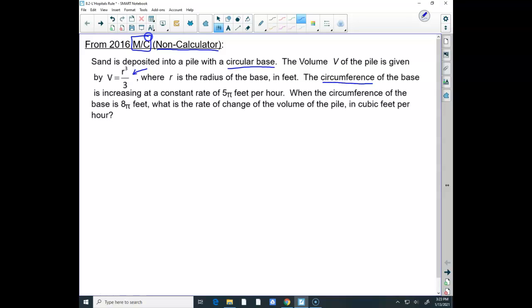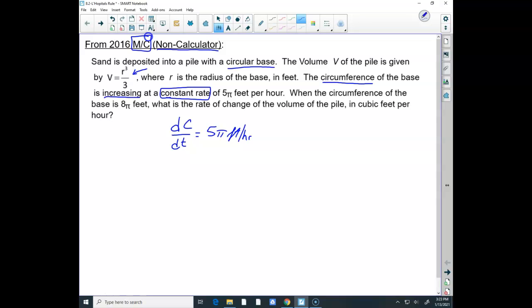The circumference of the base is increasing at a constant rate of 5 pi feet per hour. So that is telling me dC/dt equals 5 pi feet per hour. It's telling me exactly that.